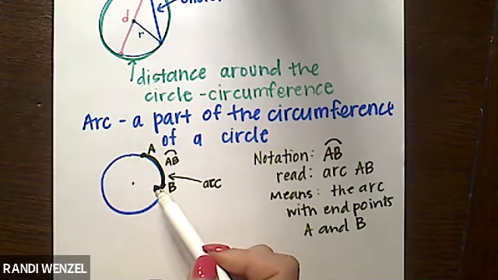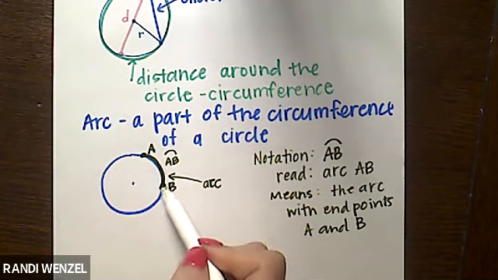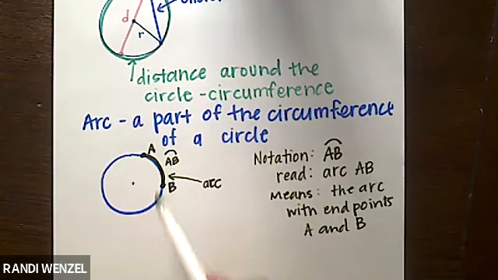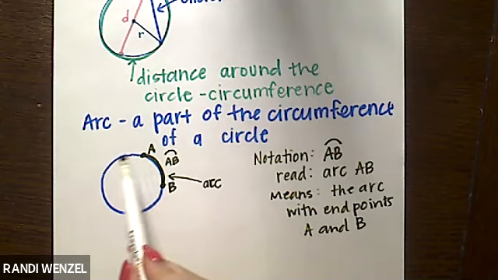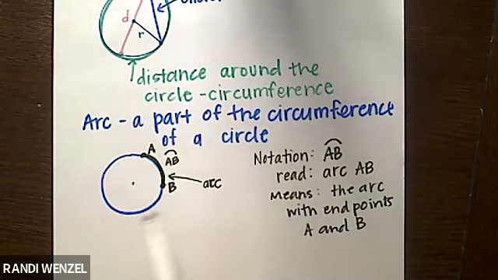But later in the chapter, we're going to talk about the actual length in terms of units. Degrees and units are different. If we're actually saying the distance around the circle, that would be a unit of length, and degrees are not really a unit of length. The degrees are telling you the proportion of your full circle that this takes up, but not the actual length of the arc. But we'll get more into that later.